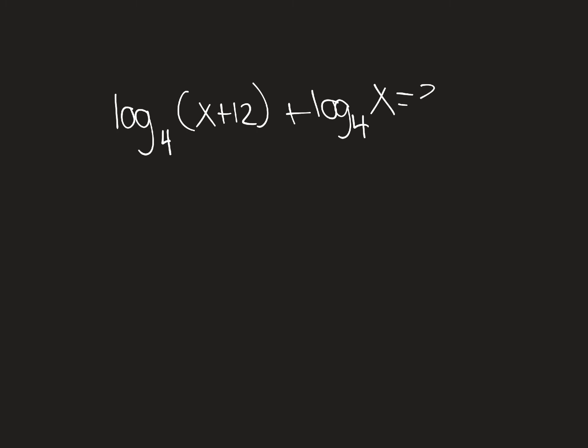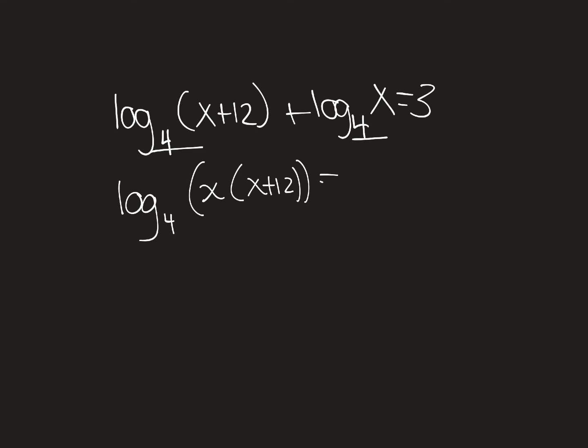Last one, log base 4 of x plus 12 plus log base 4 of x equals 3. Again, my bases are the same, so I can condense these by multiplying because I was adding. So I get log base 4 of x times x plus 12 equals 3. I'm going to make a swoosh and multiply out.